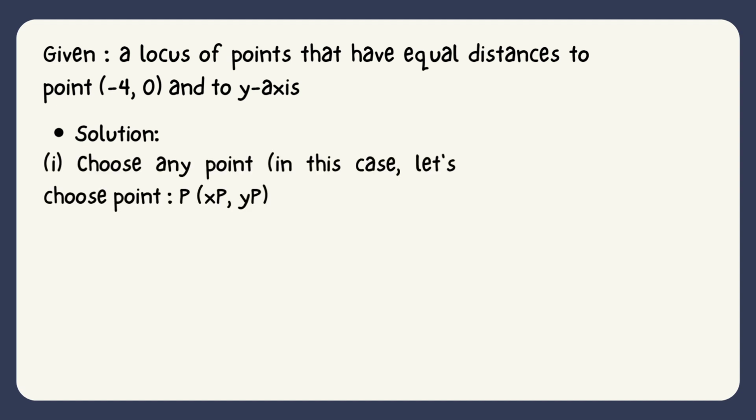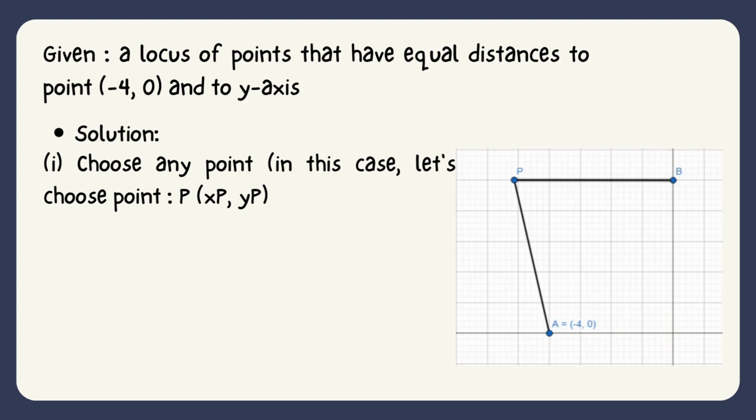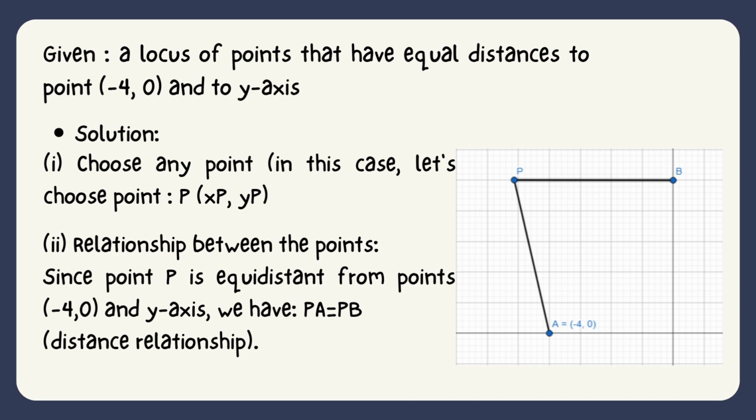In this case, let's choose point P, (xp, yp). Number 2, relationship between the points. Since point P is equidistant from the point (negative 4, 0) and the y-axis, we have PA equals PB, the distance relationship.